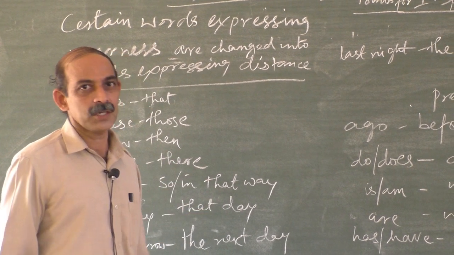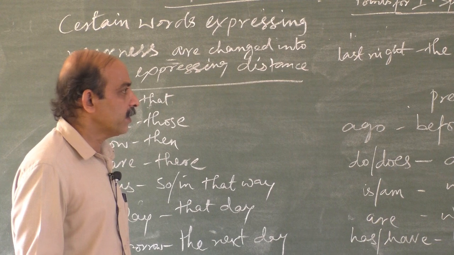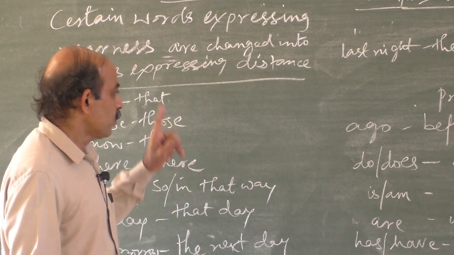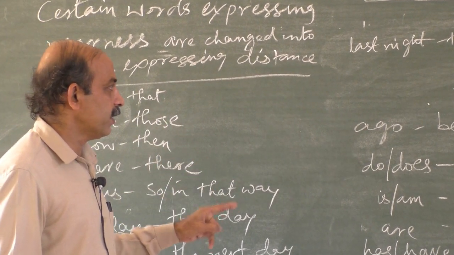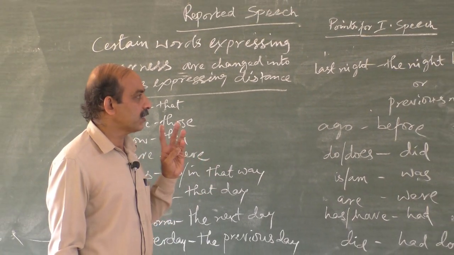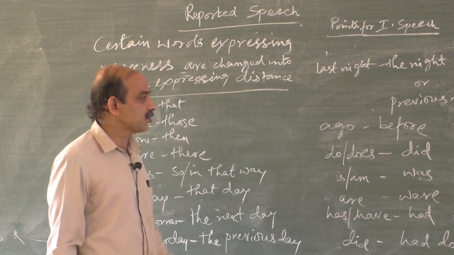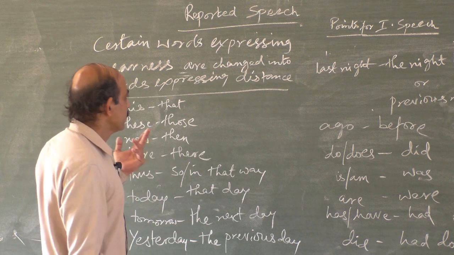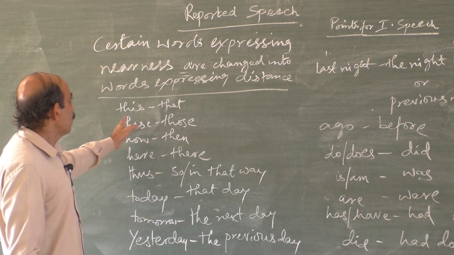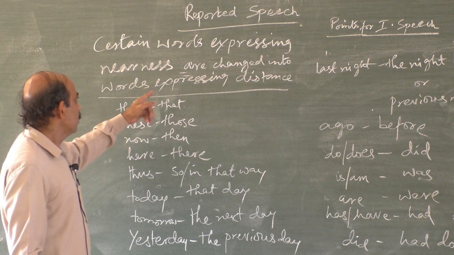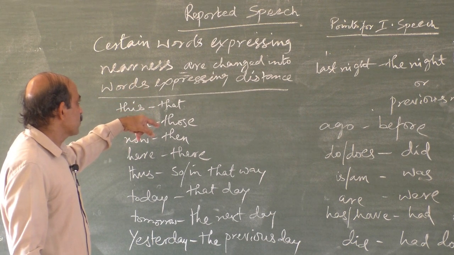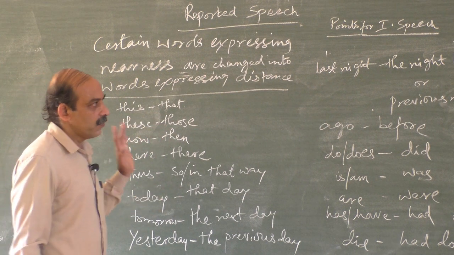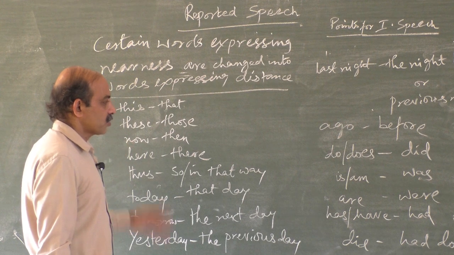In spoken language or in conversation it is possible, but in written language this is very important. That is why, as I said at the beginning, you must have a thorough knowledge of the tenses, of the helping verbs and the forms of the verbs, and at the same time the changes with regard to the words expressing nearness, which are changed into words expressing distance. These are also very important factors.